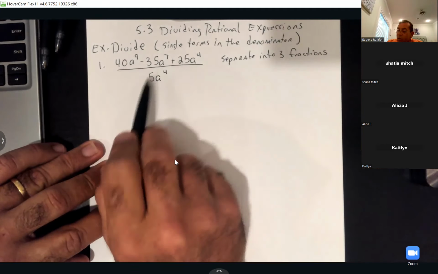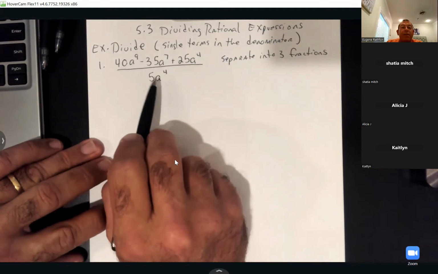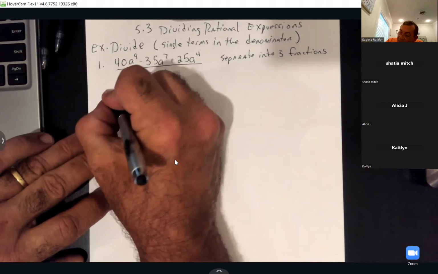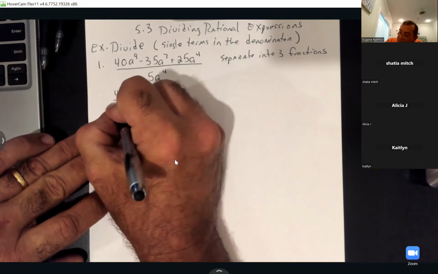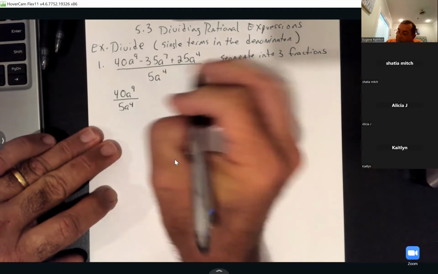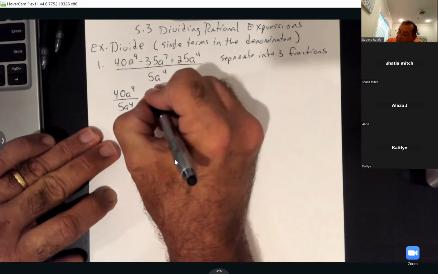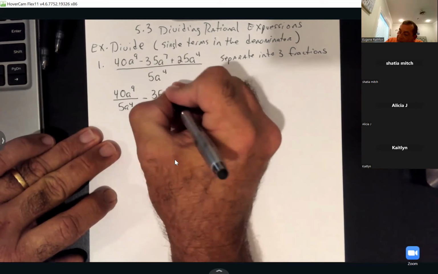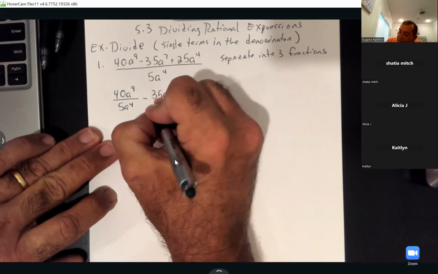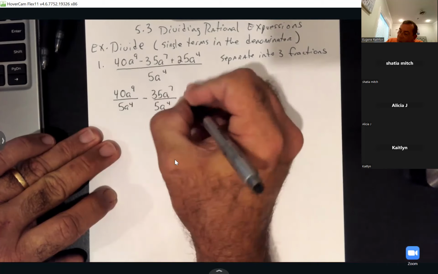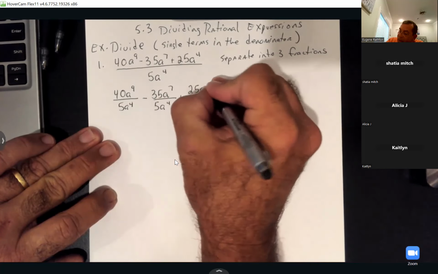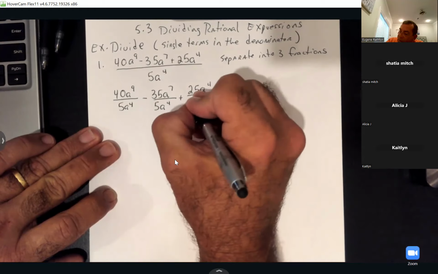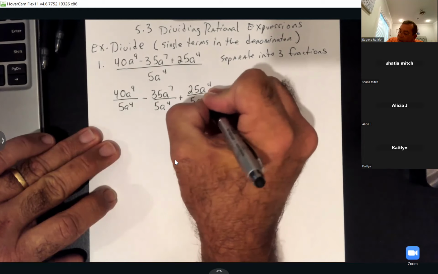Each of these parts on top will be over that 5a to the 4th. So you're going to have 40a to the 9th over 5a to the 4th, minus 35a to the 7th over 5a to the 4th, plus 25a to the 4th over 5a to the 4th.